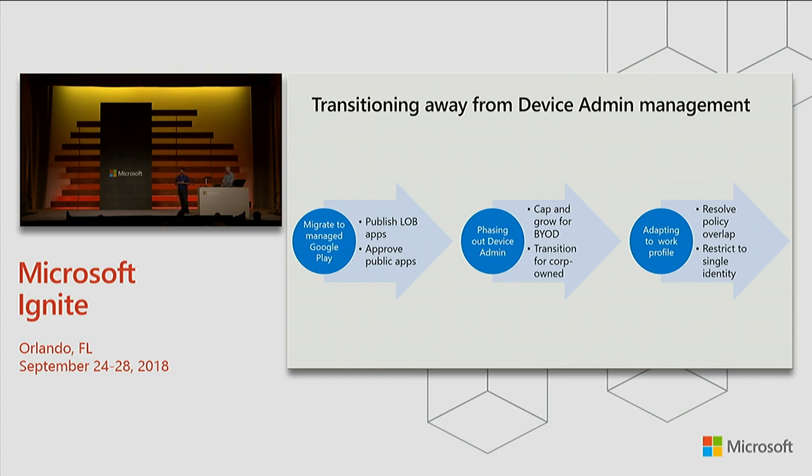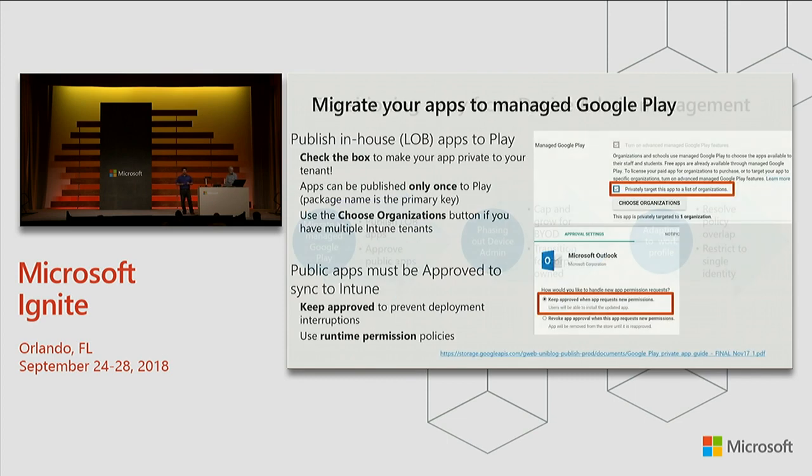Next is plan for phasing out device admins, and we'll dive into each one of these in a second. And then ultimately, start looking at adapting to work profiles and how to use that with Intune app protection as well.